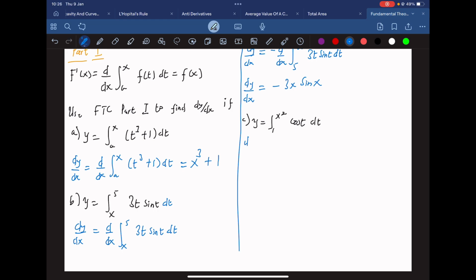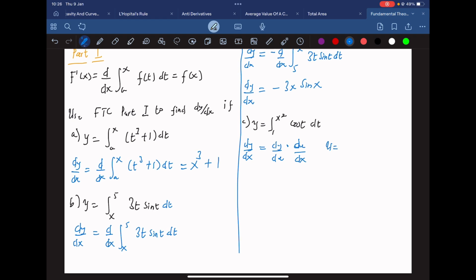Remember, our chain rule is dy/dx equal to dy/du multiplying du/dx. In this case, you are always going to make your u equal to the term that is not linear. So in this case, u is x squared. If you differentiate u with respect to x, you have 2x.